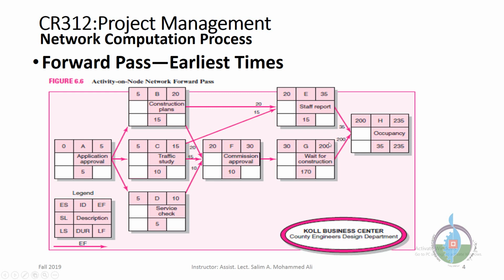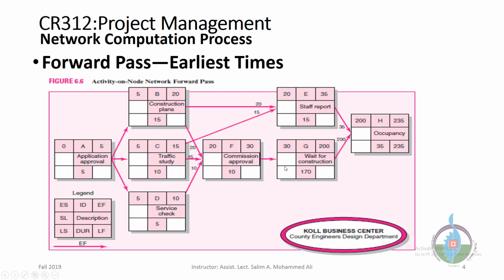We now have two candidate paths for the critical path: A, B, E, H and A, B, F, G, H. Which is the critical path? By definition, the critical path is the longest path. Both of them are long paths.